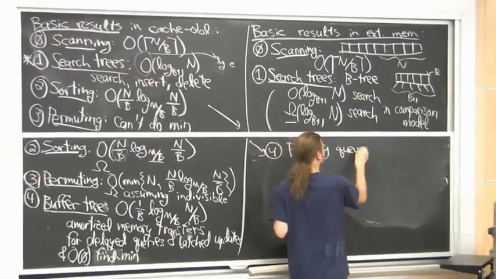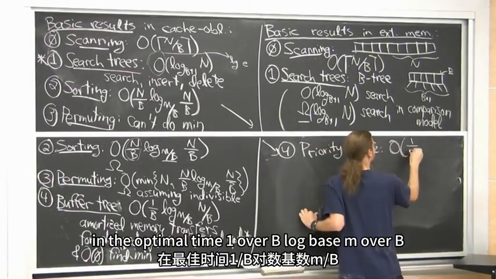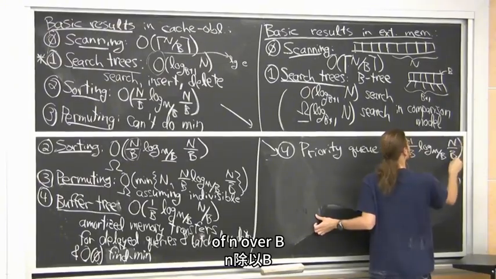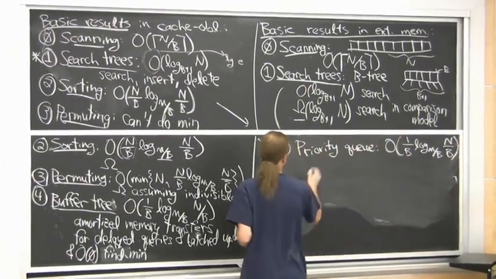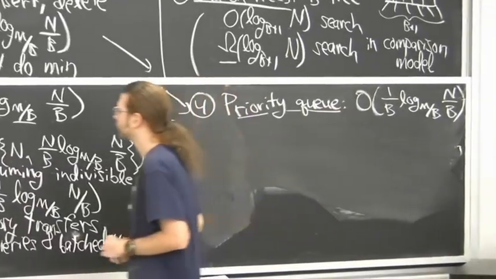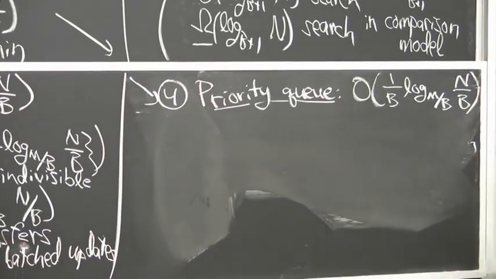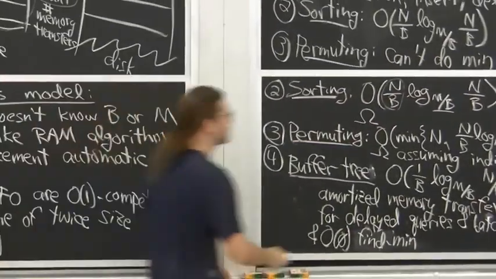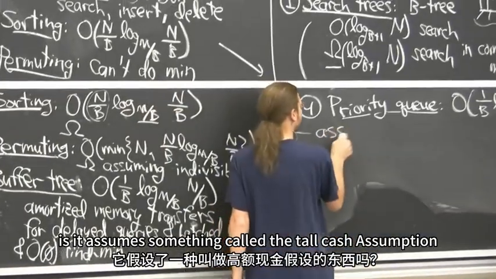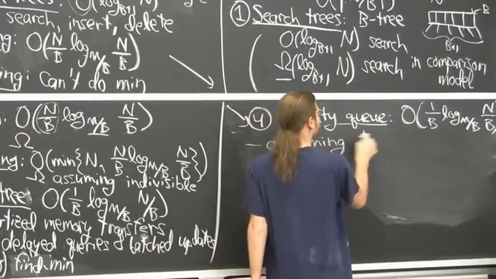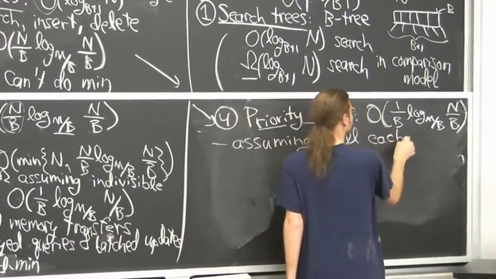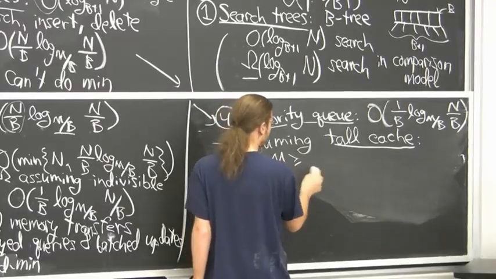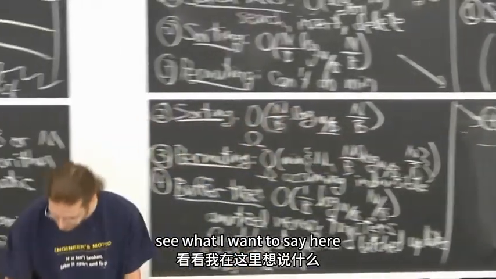Cache oblivious, we can do in the optimal time 1 over B log base M over B of n over B. The only catch with that result is that it assumes something called the tall cache assumption. Let's see what I want to say here.